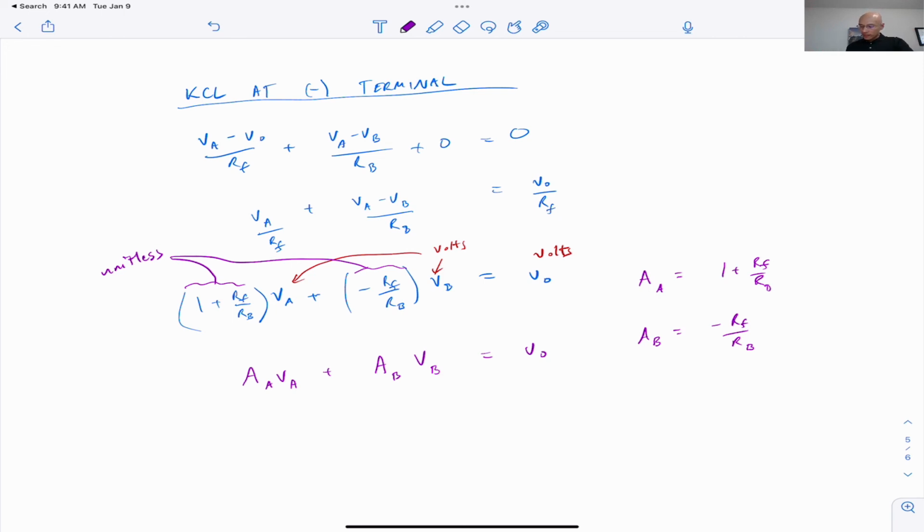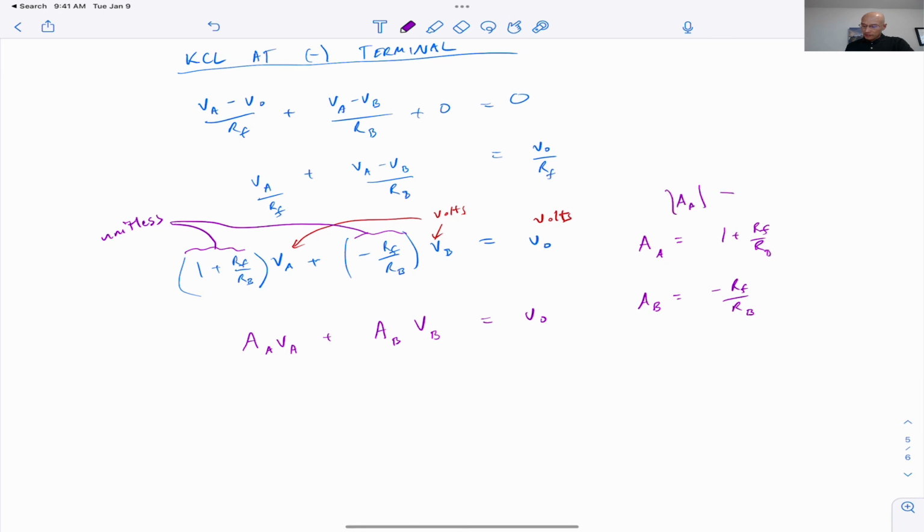So we see that gain A is always greater than 1 because resistors always have positive values. So that means that this is an amplifying portion of the circuit. And then AB or gain B is less than 0. So this inverts signal B. We don't know yet whether AB amplifies or attenuates. You can design gain B for amplification, attenuation, or even just buffering, unit gain.